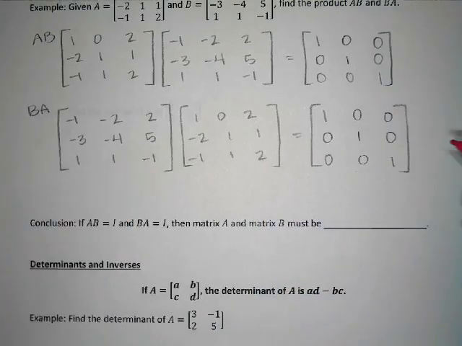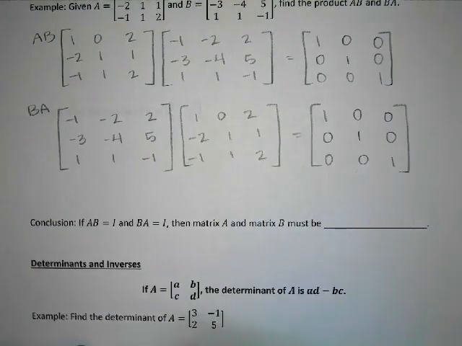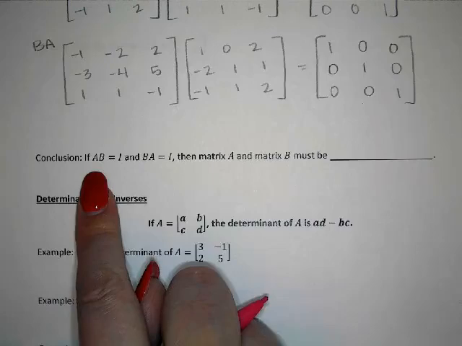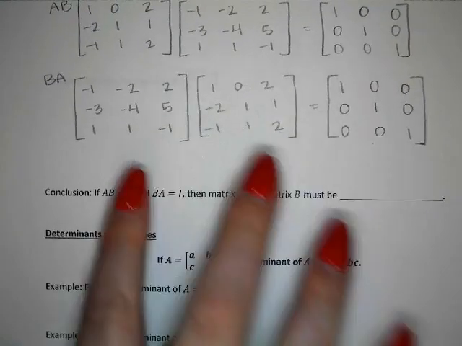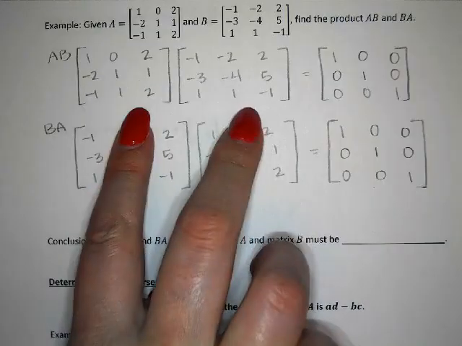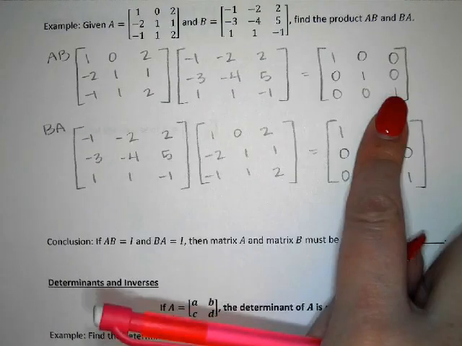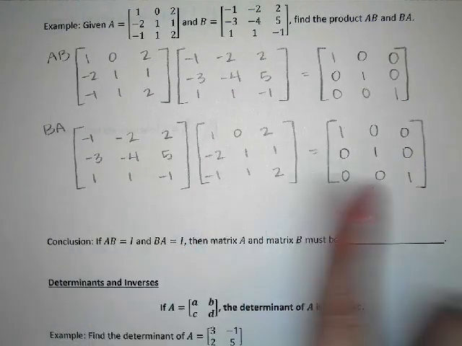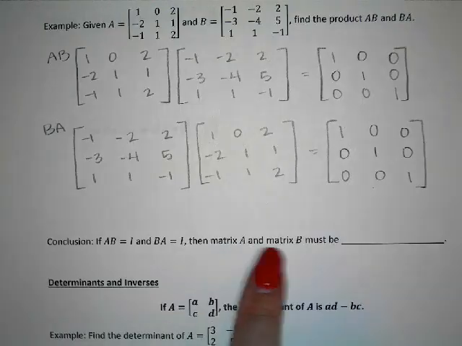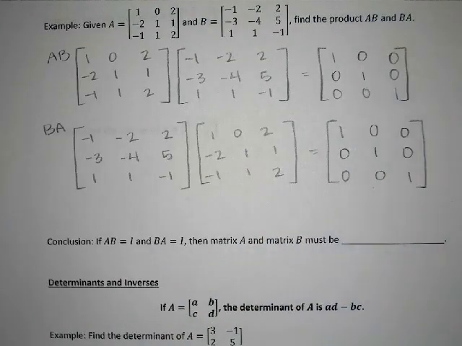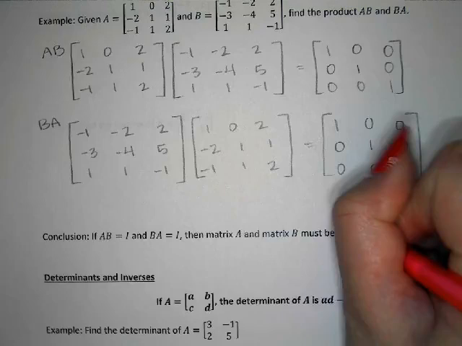Okay, so if you have this situation where A times B, they cancel each other out, you get the identity, and then B times A, they cancel each other out, you get the identity. Matrix A and matrix B must be two matrices that undo each other, which means they must be inverses.